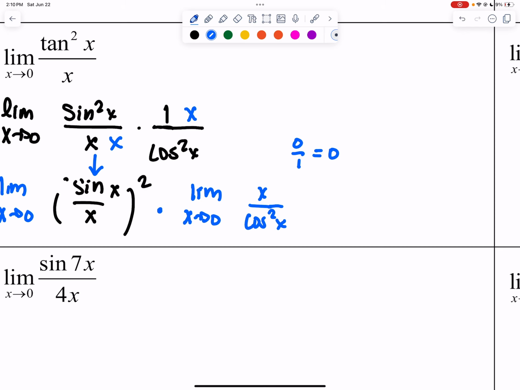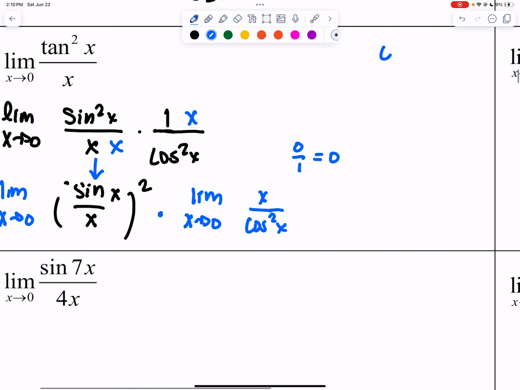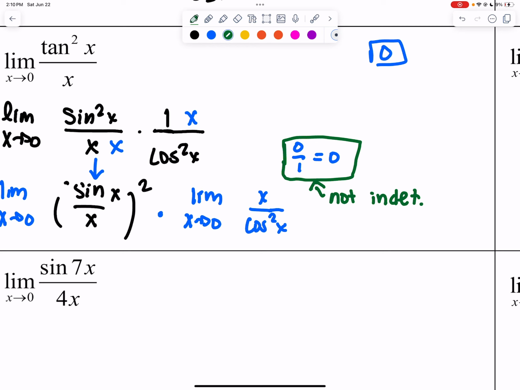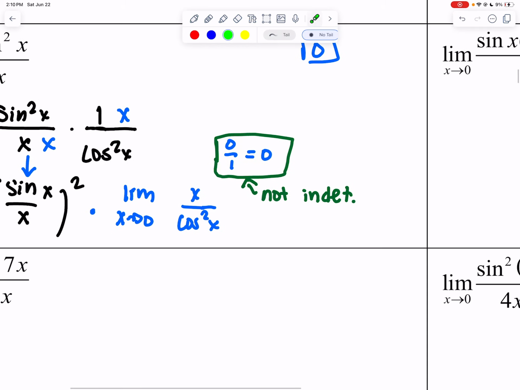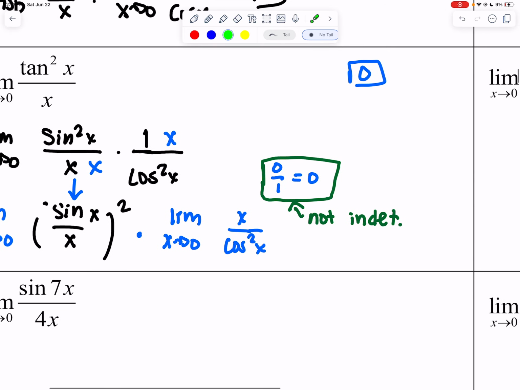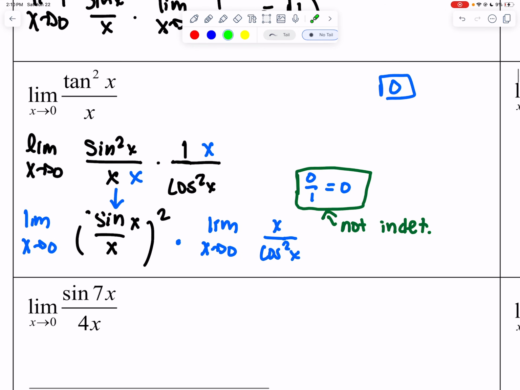So then I get 1 times 0, which is just going to be 0. Now, it is important to note that this right here is not indeterminate, okay? Not indeterminate, because I literally have a 1 in the denominator, even though I have an answer of 0, which is valid, but it's not 0 over 0. So here my answer is just 0 because I have 1 times 0.